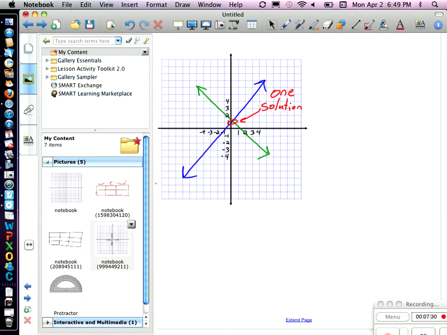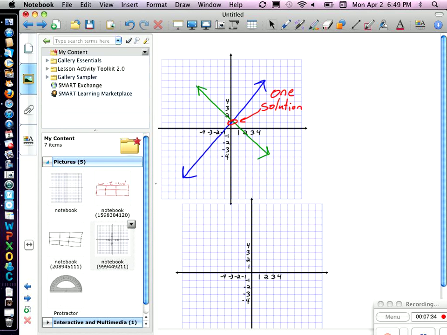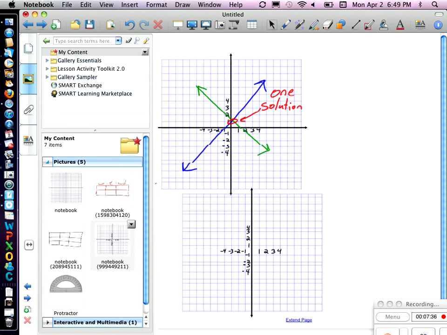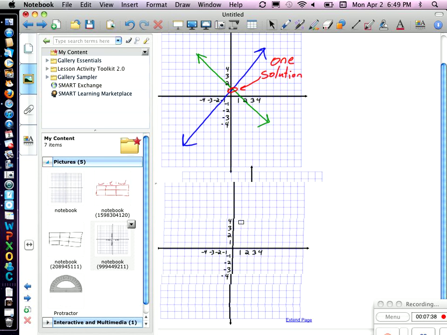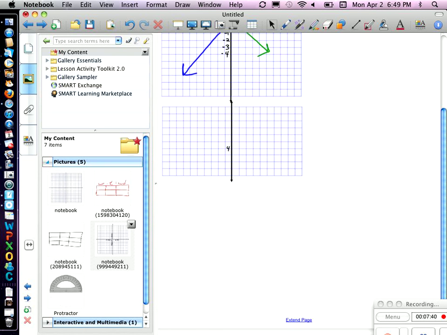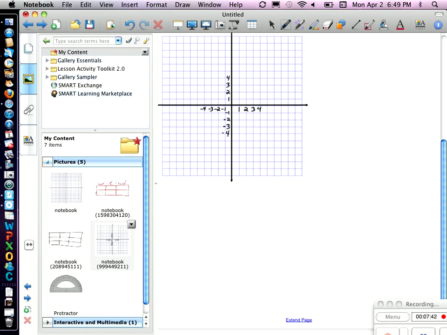However, let's get a new one up here. It's possible for your system to come out with graphs that look like this.